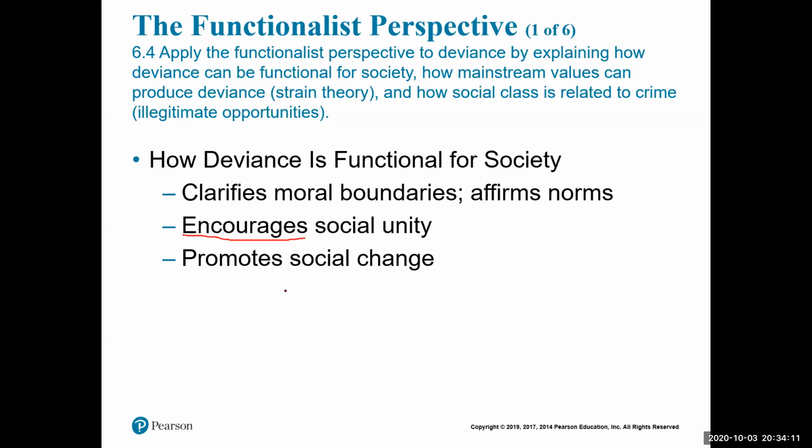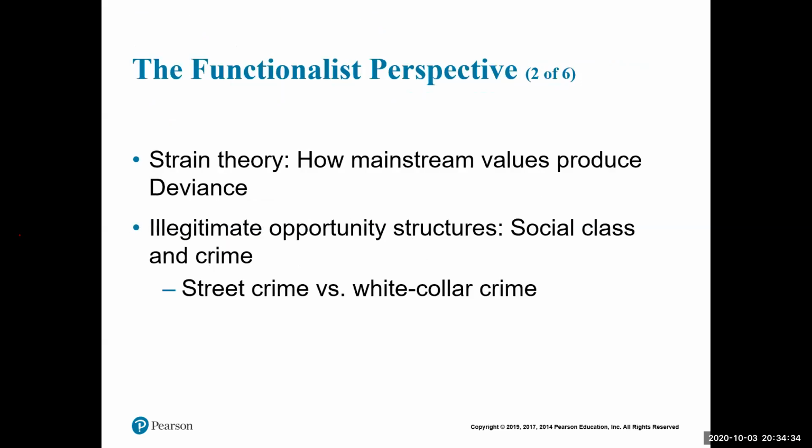It clarifies our moral boundaries, it affirms our norms, in other words, it affirms our rules. It encourages social unity, us to work all together. It promotes social change. If we don't have this unity, then are we really going to have deviance, right? It's just one of those things. But we have to have that all encouraging aspect.